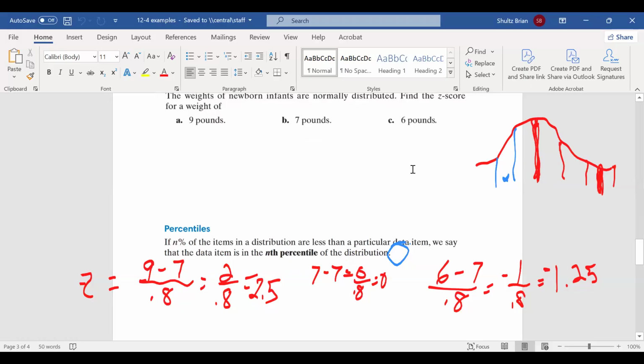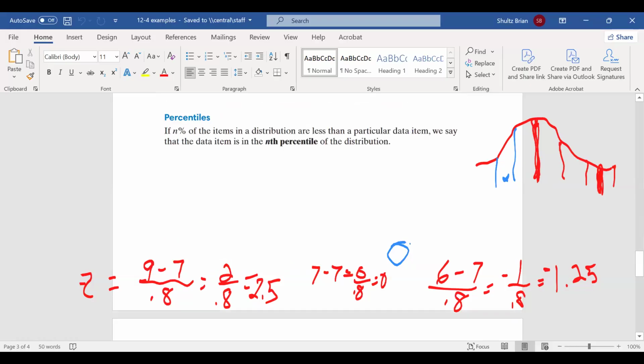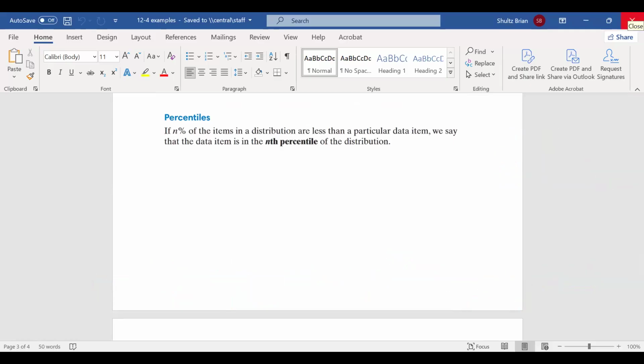Now we're going to talk about percentiles. If n% of the items in a distribution are less than a particular data item, we say the data item is in the nth percentile.